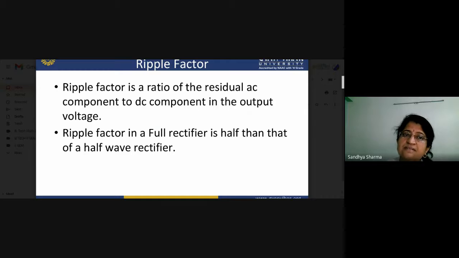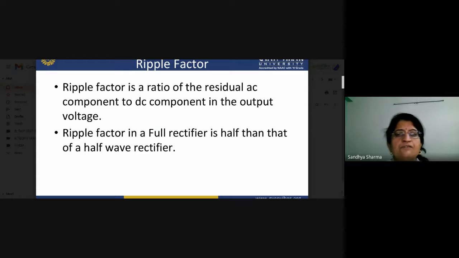So this is called the ripple factor, and we can calculate how much of your AC component is mixed with the DC component in your output voltage. The factor by which we can calculate this parameter is called the ripple factor.